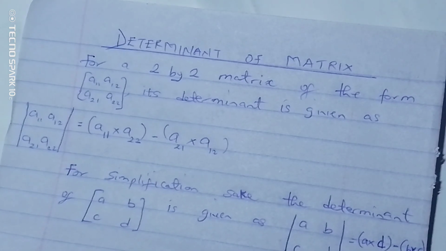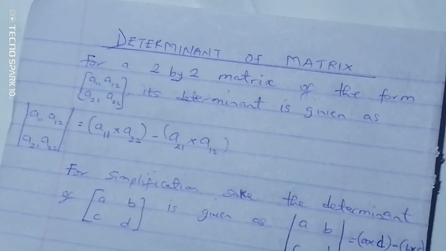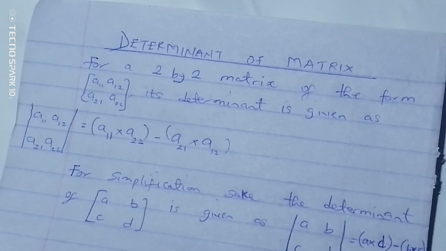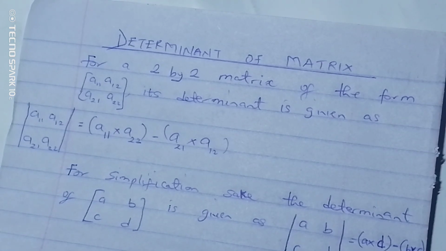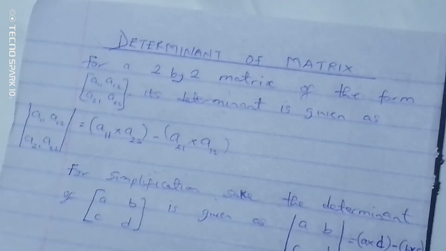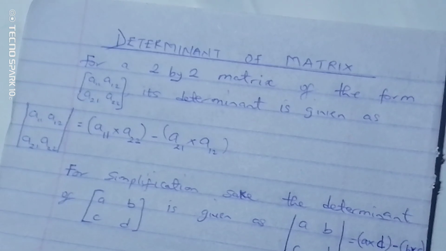Okay, so determinant of such matrix, the symbol for determinant is a straight line like this, which we can refer to as magnitude in further mathematics, as well as the symbol for absolute value. It's no longer a bracket when you're looking for the determinant.